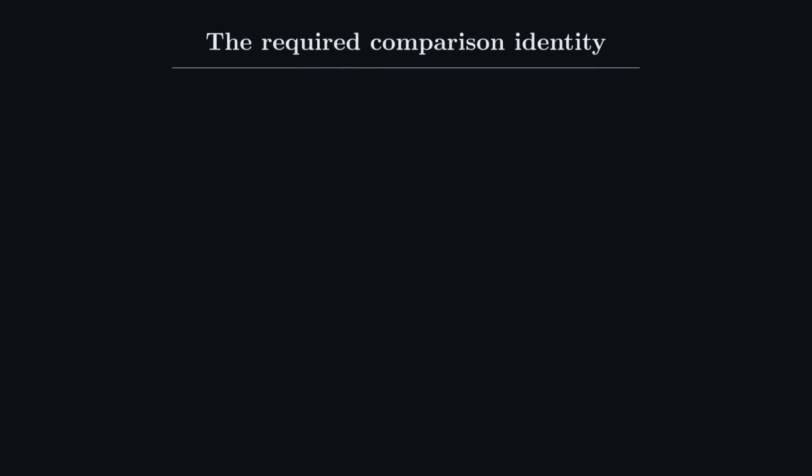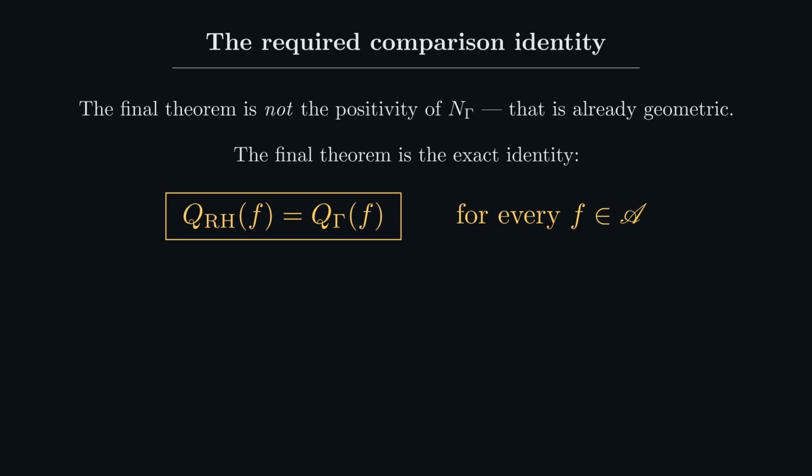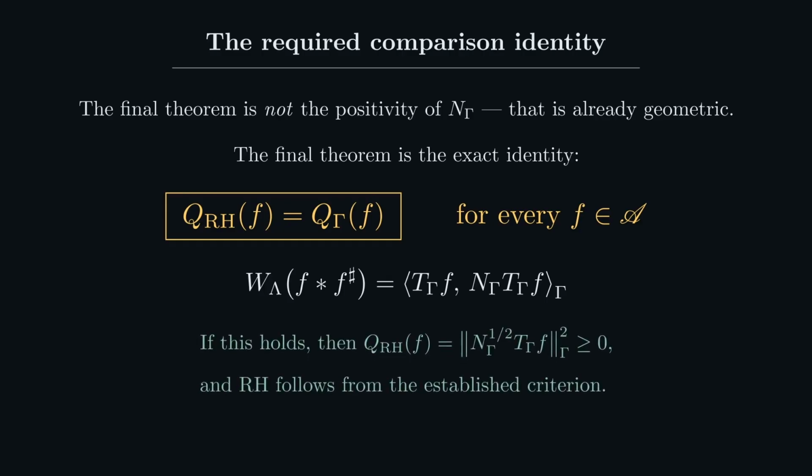So we need a required comparison identity. The theorem we're looking for is the identity Q_RH of F equals Q gamma of F for every F in the admissible class. If it holds, then Q_RH is positive definite, and RH follows from the established criterion. So that'd be cool.